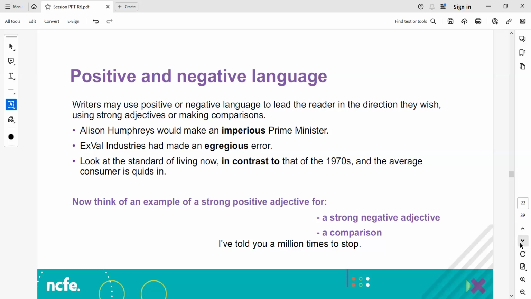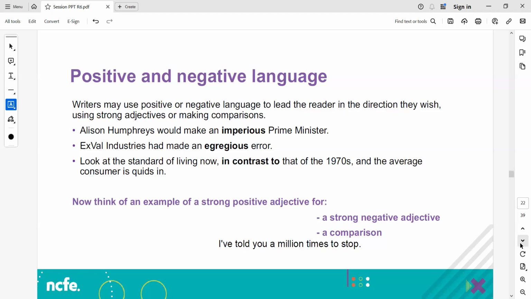Then they will use adjectives to lead you to a certain way of thinking. So you might read about a sly character, the sly Mr. Brown, for example. So they're leading us to think a certain way about that character. And you'll also see this in news reporting, which always really shows bias one way or the other.